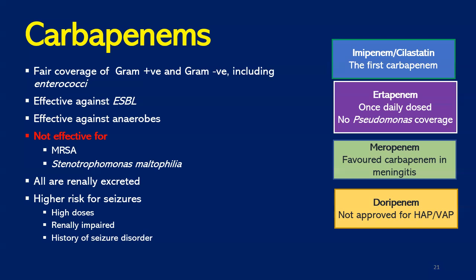So you need to take precaution in patients who are renally impaired and patients who are presenting with seizure disorder. Patients who are receiving medications to treat seizure, I mean anti-epileptic agents, might flag a mark for you before you start giving the patient a carbapenem, because the threshold of the seizure will be lowered by the carbapenems.